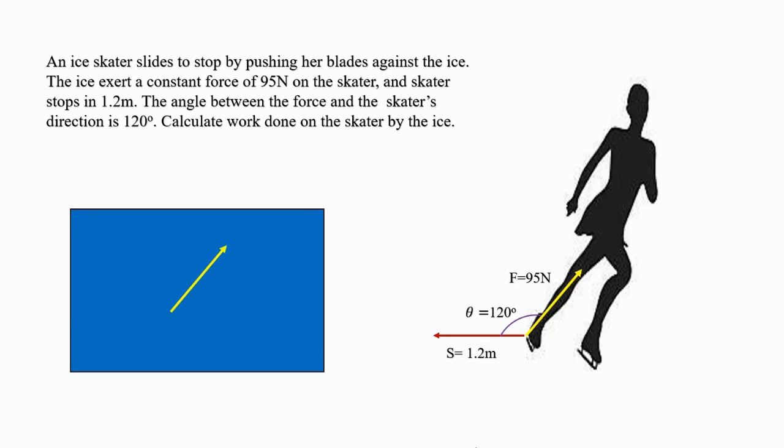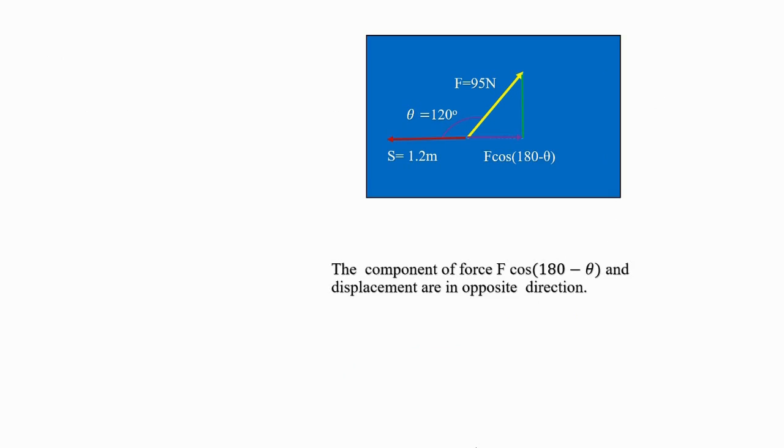Redraw the vectors. To calculate work, extrapolate displacement S. Draw projection of a force over displacement. F cos 180 minus theta is the component of the force. The component of the force, F cos 180 minus theta, and the displacement are in opposite direction.